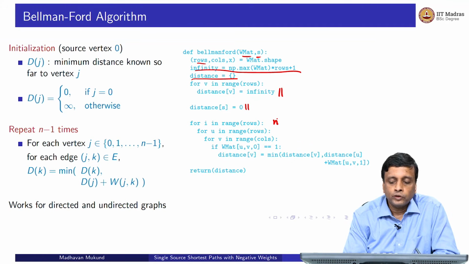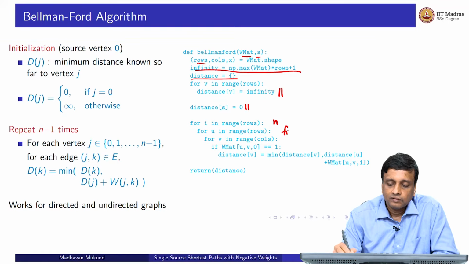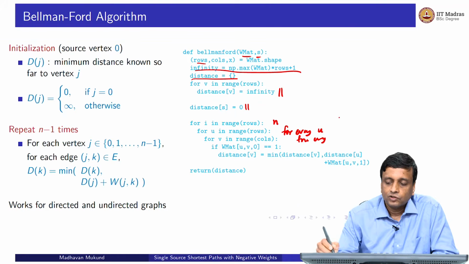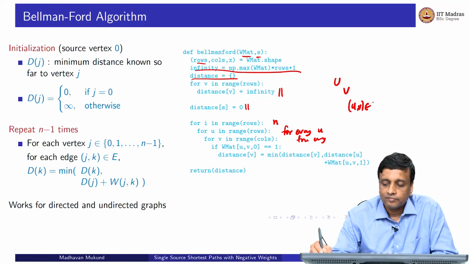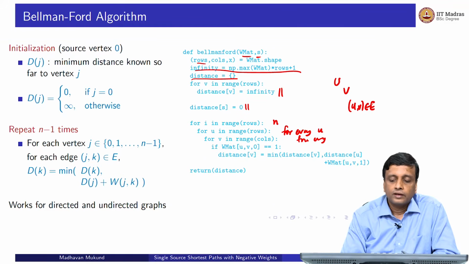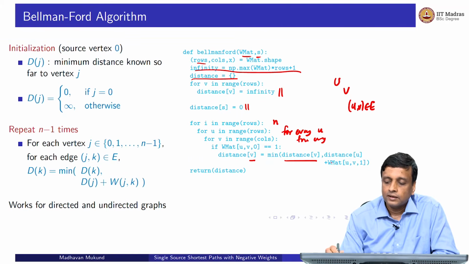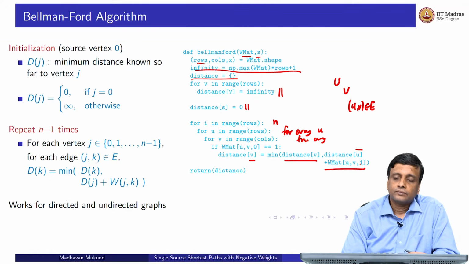So, n times what do we do? For every vertex u, for every v, if uv is an edge, right, then we update the distance of v to be the minimum of the existing distance and the distance of the starting point of the edge plus the weight of the edge, right.